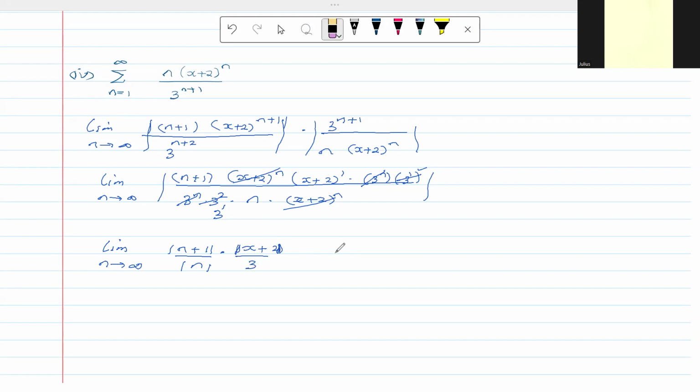So observe that I can factor out what does not depend on n, absolute value of x plus 2 over 3, and then the limit as n tends to infinity of n plus 1 divided by n.